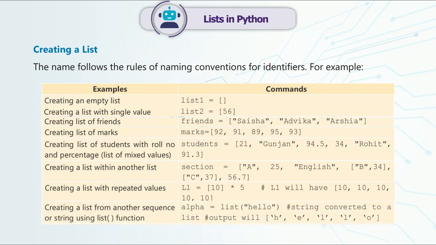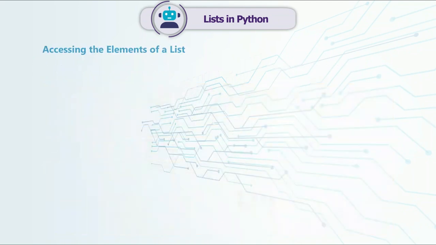Creating a list from another sequence or string using the list function: alpha is equal to list, double quotes hello, hash string converted to a list, hash output will be single quotes H, E, L, L, O. Values input from the user in a list: L1 is equal to list, input, double quotes, enter numbers, colon.